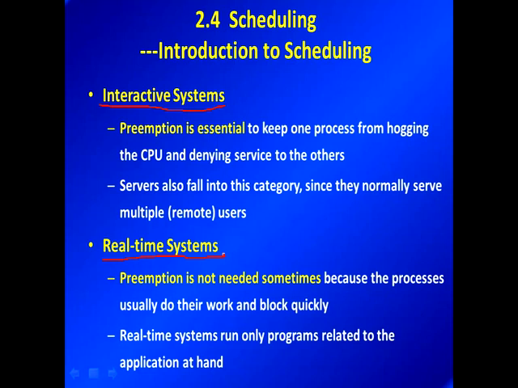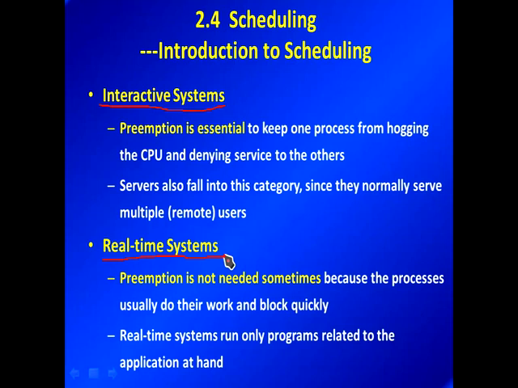But for this case, even though you have a bad experience, it doesn't cause any fatal results, right? But for some hard real-time systems, if the deadline is not met, some fatal things might happen.